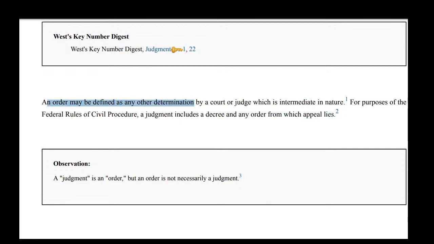So any other determination by a court or judge which is intermediate, it's not final. So observation, a judgment is an order, but an order is not necessarily a judgment. A judgment's a final order, it seems. There we go. You get that? Observation. A judgment is an order, but an order is not necessarily a judgment.